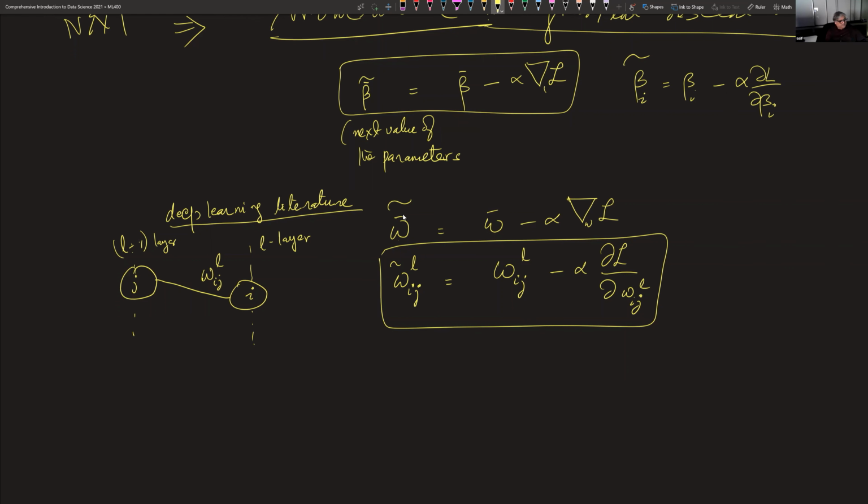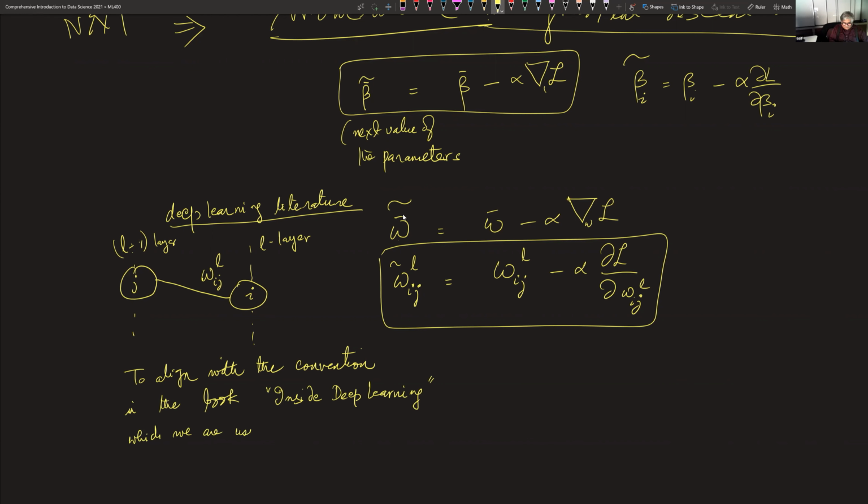Furthermore, now for the purpose of aligning with the convention given in this book, which we are using for review, what are we doing?